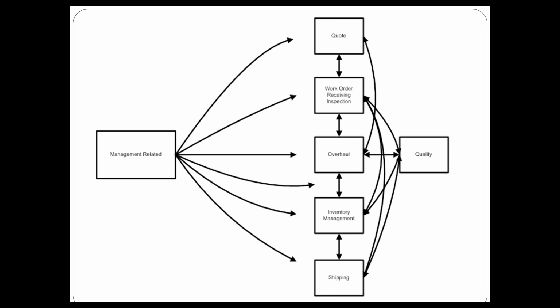Additionally, we have the quotation process up top, and we have the work order receiving inspection item here. These are unique process names, and these are process names that are going to reflect very specifically on what this organization does. So again, make note of that. And they've got kind of a unique interaction between these processes also.